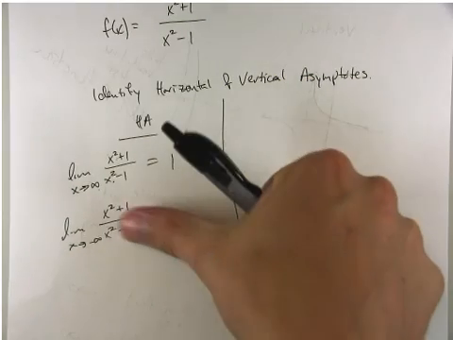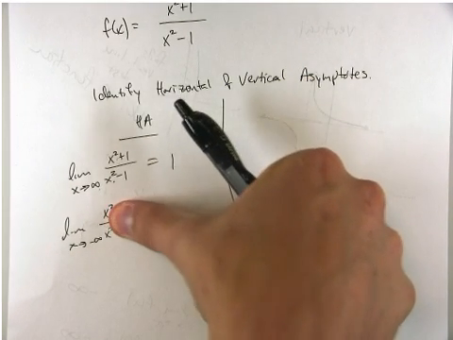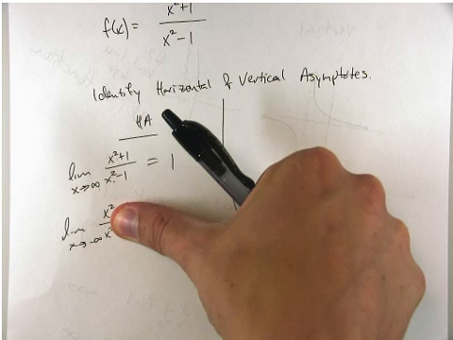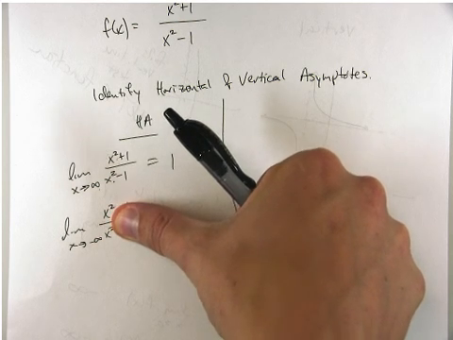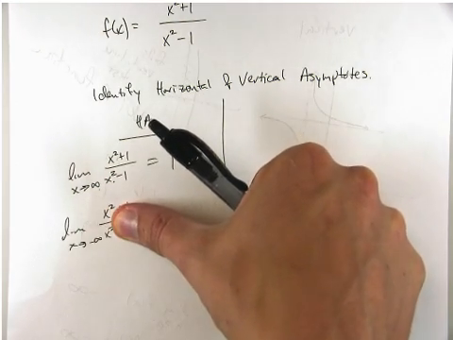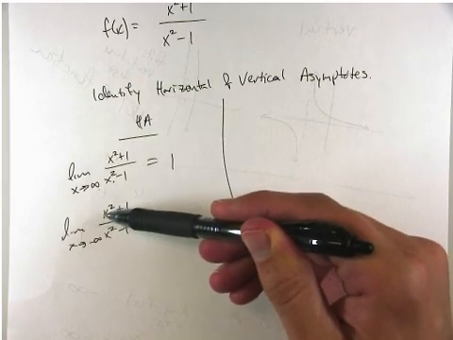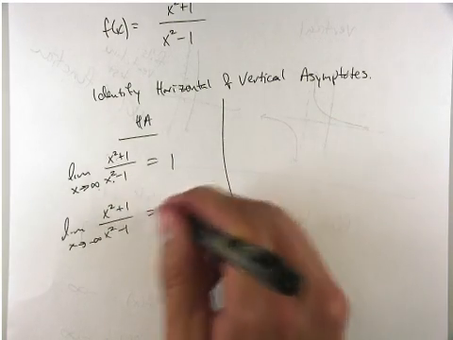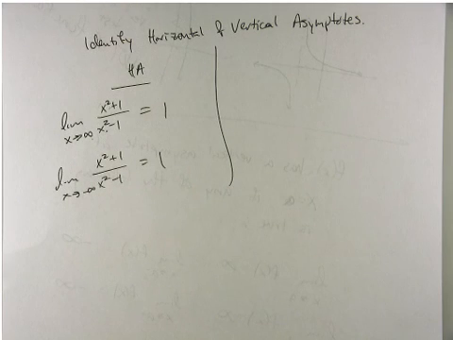At negative infinity, similarly, right? These x squareds, these leading terms, are bossing the function around. The end behavior for this function is going to look like x squared divided by x squared. I can just look at these leading coefficients, 1 and 1. So that's 1. They're both the same.